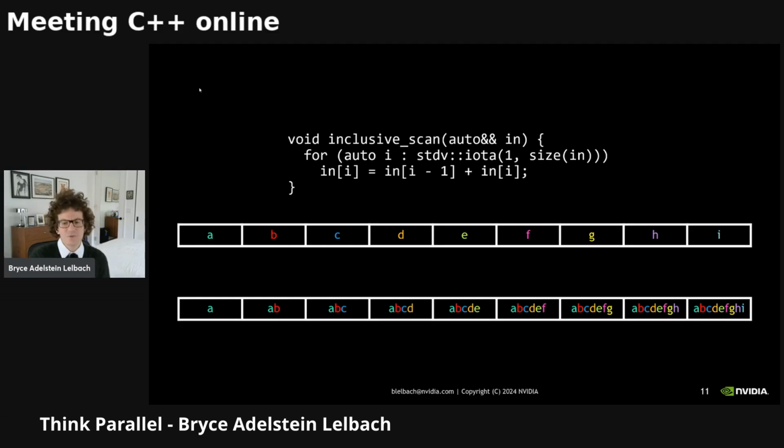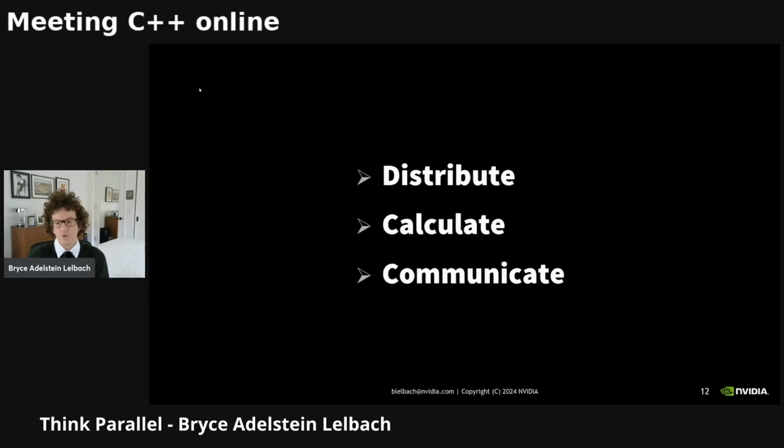So now, how do we go about parallelizing scan? At first, this might seem like it's challenging because the result of each element depends upon the result for all prior elements. When I approach a parallel problem, I tend to break it down into 3 different components. How will I divide and distribute the work? Today, we'll be dividing into tiles, which are just contiguous subsets of the input sequence.